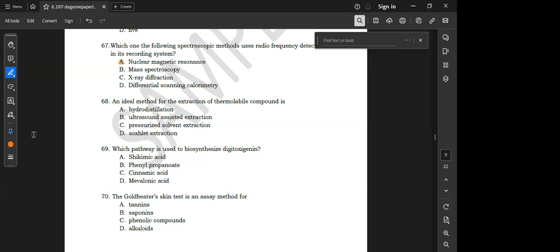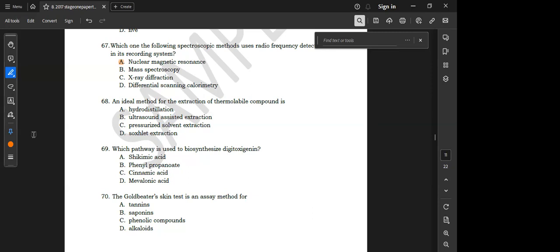I was reading the principle for pressurized solvent extraction: the application of high pressure maintains the solvent in a liquid state beyond its normal boiling point. Does anyone know the principle for ultrasound-assisted extraction?